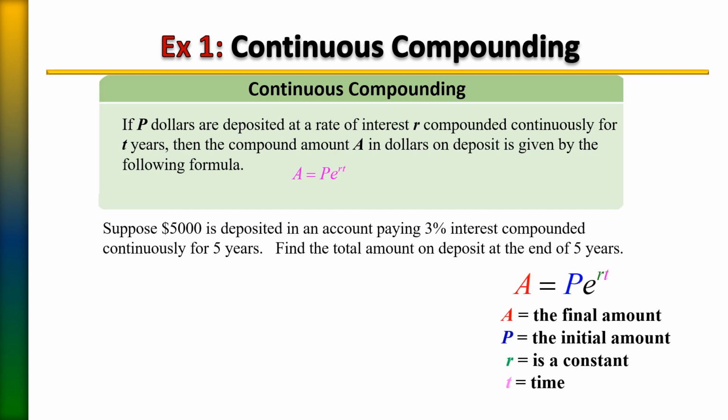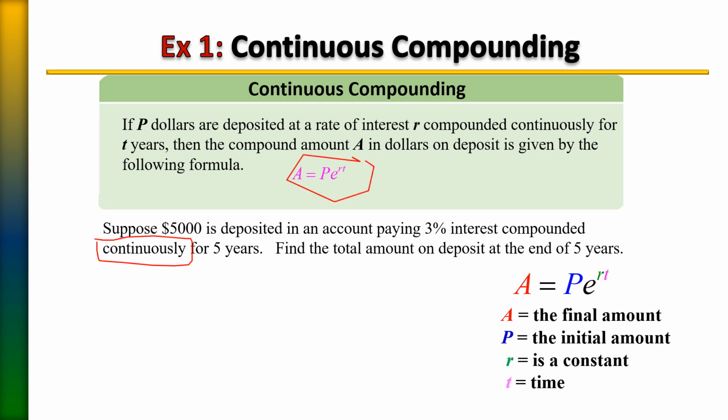So suppose $5,000 is deposited in an account paying 3% interest compounded continuously for 5 years. Find the total amount on deposit at the end of 5 years. The key words here are compounded continuously. When you see that, you know you're using the PERT.